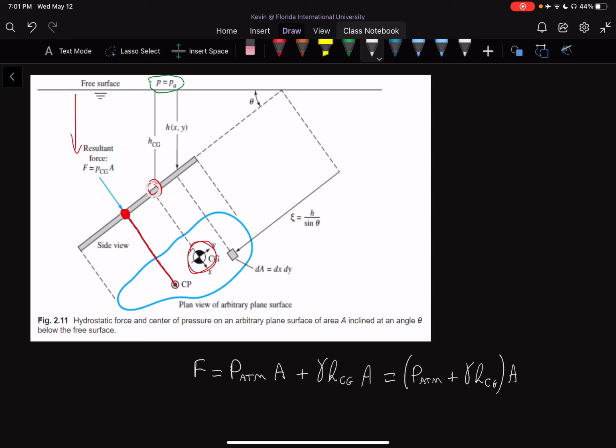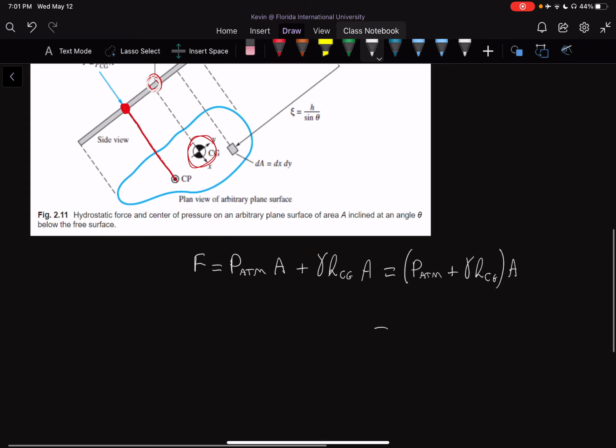That's our absolute pressure. So we're going to call this new term P center of gravity, times A.